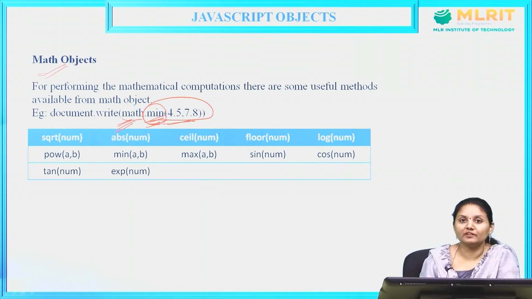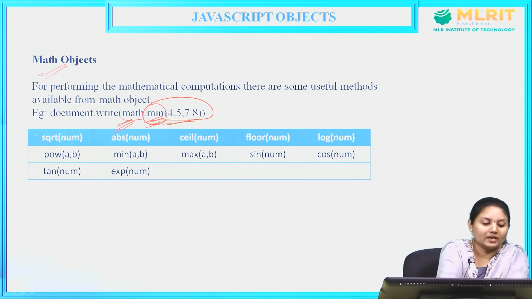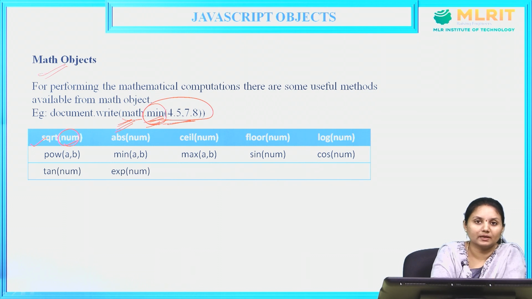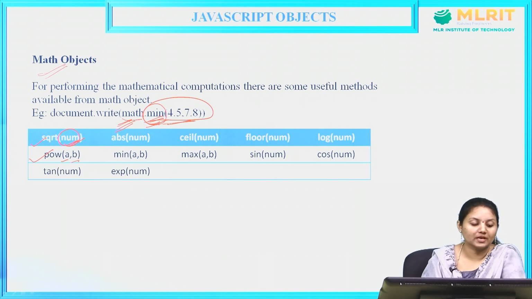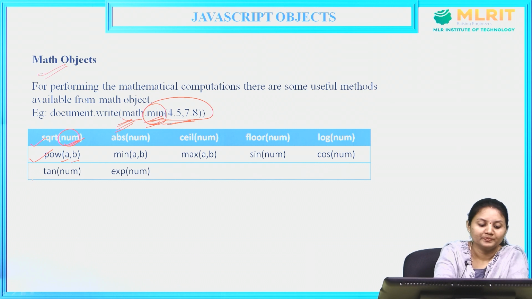Like that, we have different math objects. One is square root, to find the square root of a number. We pass a number, so this is a simple data property. POW stands for power: pow(a, b), where the values are passed as parameters, a comma b. Similarly, tan, absolute value, minimum value, exponential.